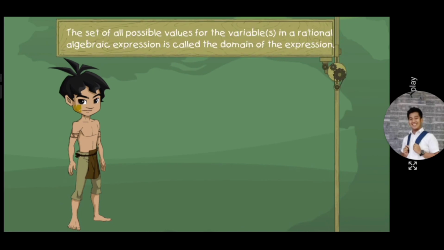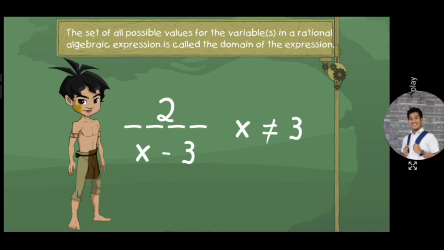Next, the set of all possible values for the variables in a rational algebraic expression is called the domain of the expression. Okay, again, for example, we have 2 over x minus 3 and we got earlier that x is not equal to 3. So therefore, this is how we're going to write the domain.